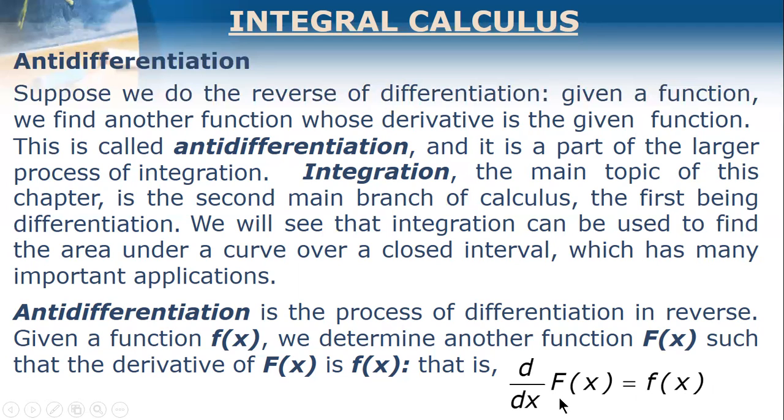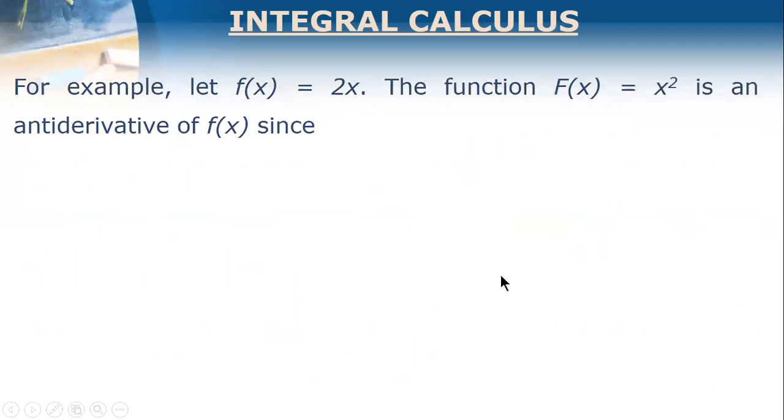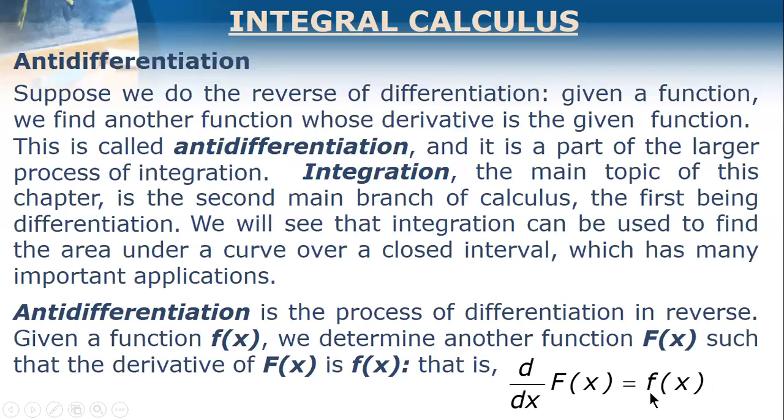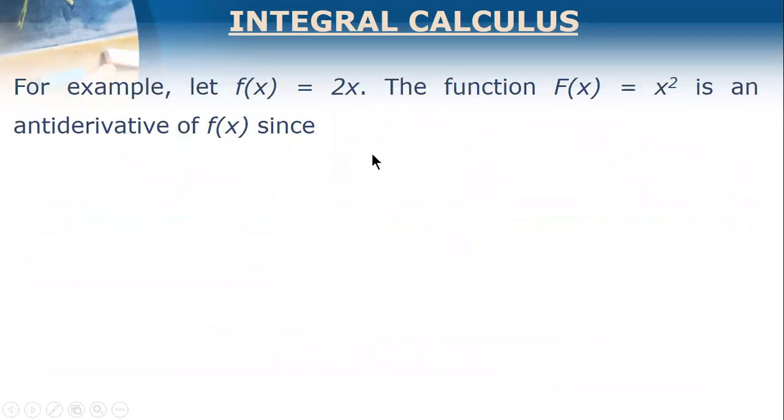So, pag dili pa klaro, let's have this example. This is our given function. F of x, remember, ang small na f, mo ni ang derivative. Ba? Derivative ang small. So, if f of x equals 2x, so derivative niya, di ba? 2x is the derivative. So, if we find a function in which ang derivative niya is 2x, then the function will be or must be x squared.